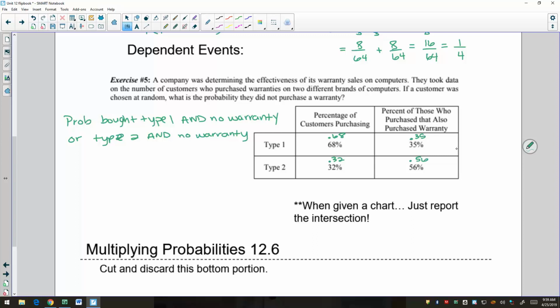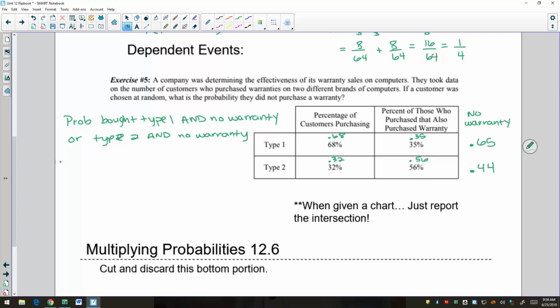Now they want to talk about not purchasing a warranty. Well, these are the numbers for who did purchase a warranty. So for no warranty, I'm going to add a column over here because I actually need those numbers. So if 0.35 actually did purchase a warranty, that means 0.65 did not. And then for type 2, if 0.56 did purchase a warranty, that means 0.44 or 44% did not.